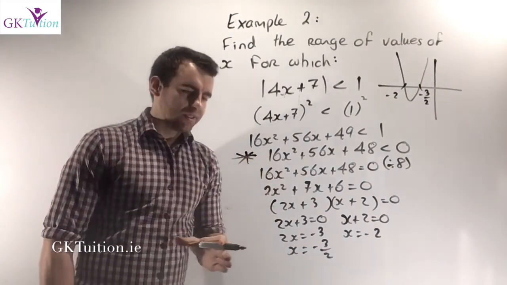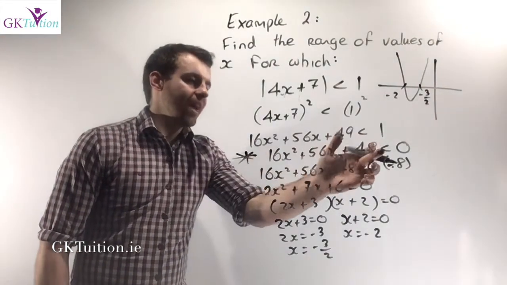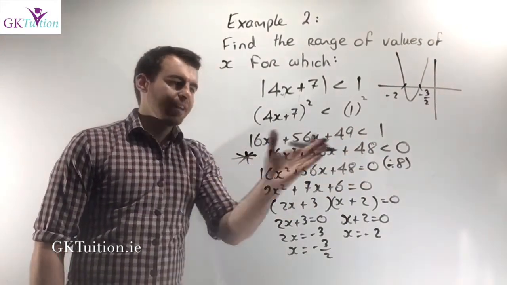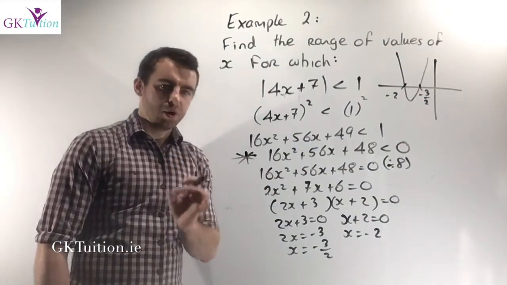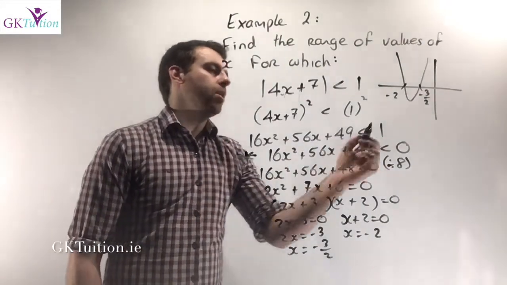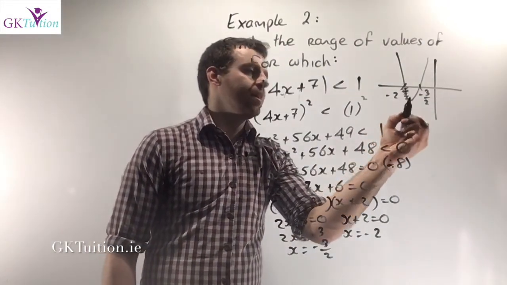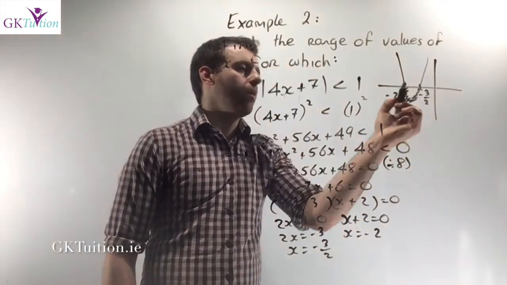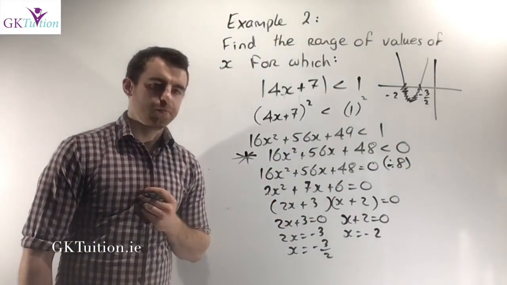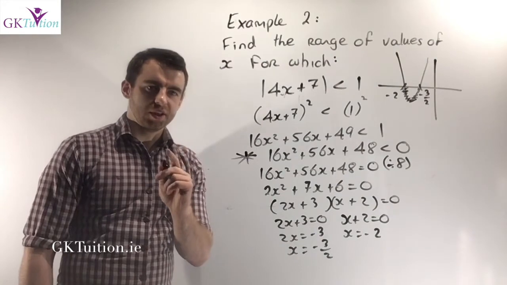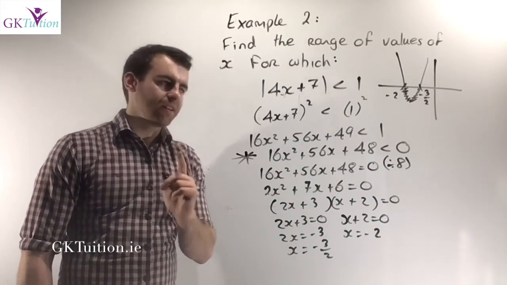This line reads as: when is the quadratic less than 0? The quadratic is less than 0 when it's below the x-axis. Below the x-axis is clearly all of the x values between -2 and -3/2. It's one continuous region, which means I need to give one answer.